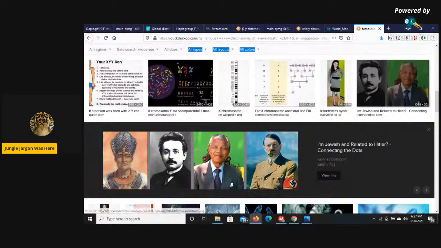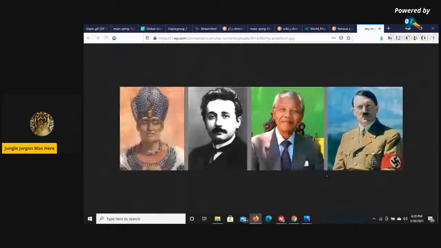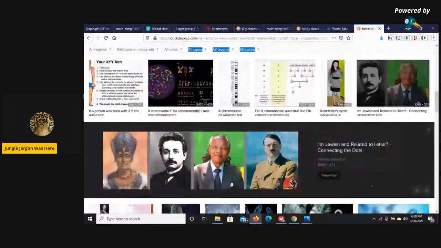And there you go. So we have the Pharaoh, Albert Einstein, Nelson Mandela, and the Fuhrer. The same Y chromosome. It's not shown here, but it is true. Trying to say view file. Where's the file?